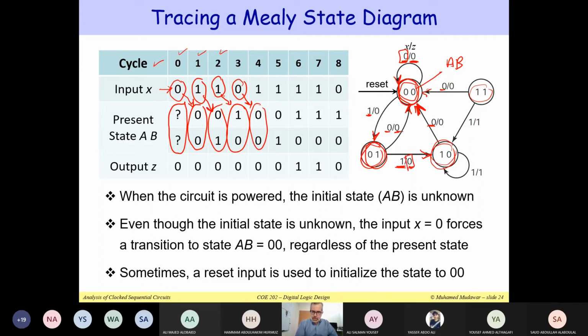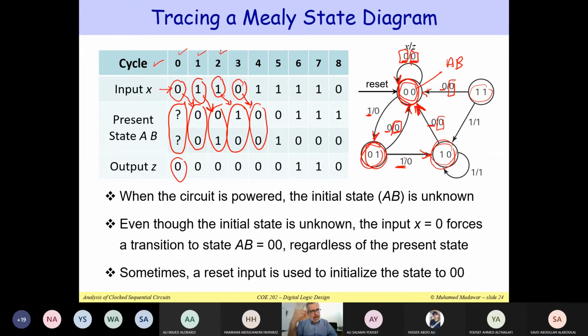If you are in state 1, 0, and the input x is equal to 0, the output is 0. Forget about this one, let me just remove it. It does not matter what your initial state is. You can actually check the output based on the input. You can see that the output here is 0.